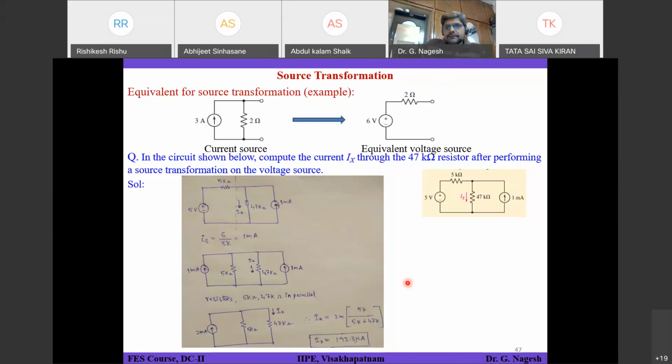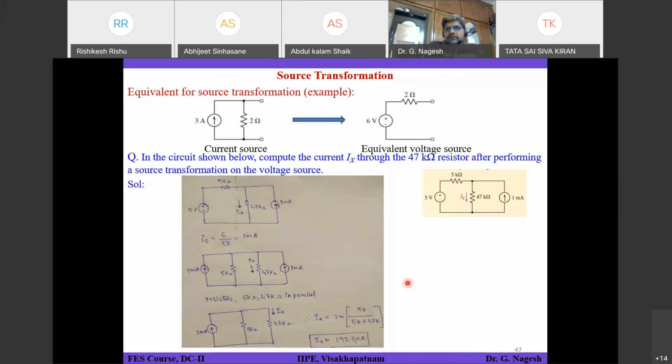No, we are talking about converting a practical current source into a practical voltage source. If you have only 6 volts, that is called an ideal voltage source. An ideal voltage source means that whatever you connect across my load terminals, I am going to remain 6 volts as it is.